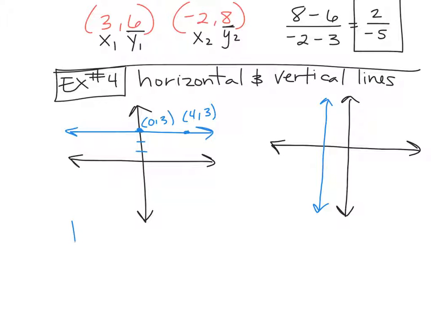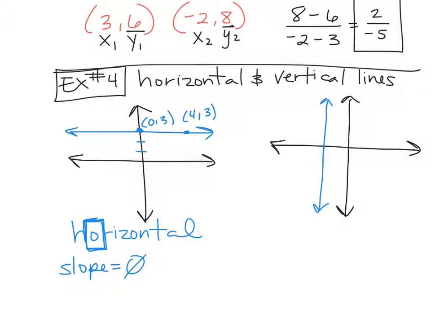A horizontal line, which is what we have on that first one, okay, will always have a slope of 0. And here's how I tell people to remember it. There is an O at the beginning of the word horizontal, right? It's not the very beginning, but there's an O there. Your slope of a horizontal line is 0 every single time.